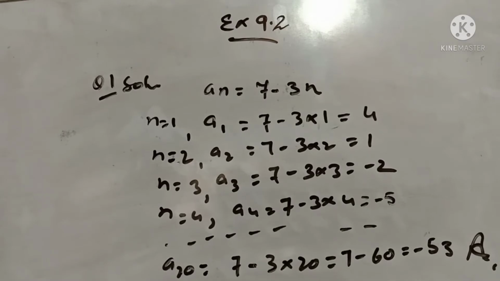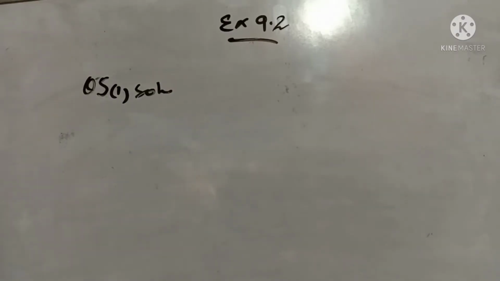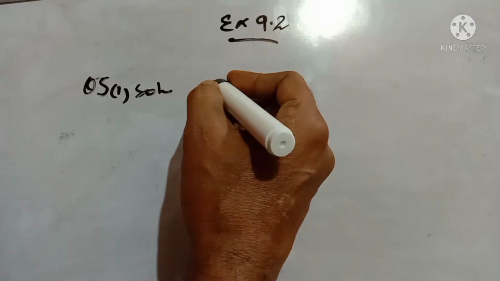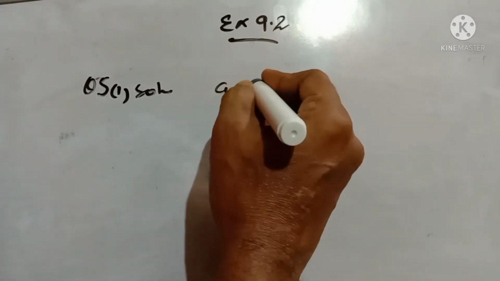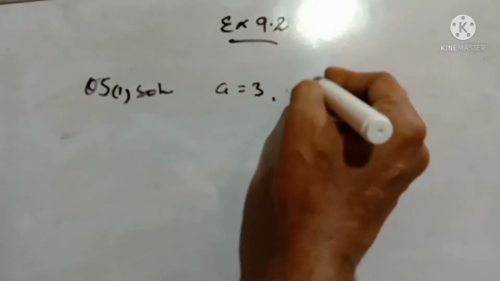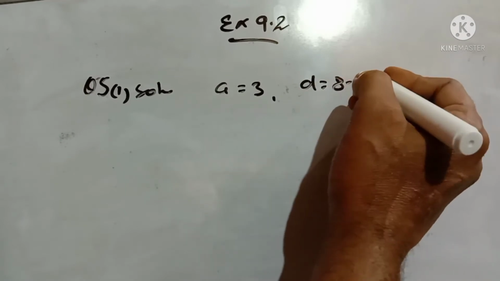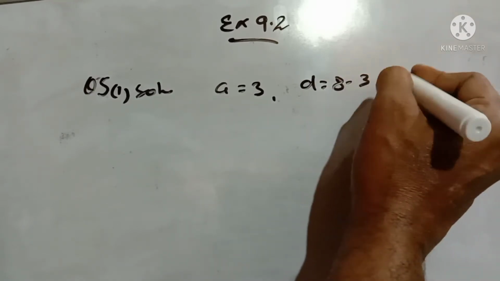Write down please. Question 5, first. It is given 3, 8, 13, 18, and so on; which term of the AP is 78? Here it is given A equals 3, D equals 8 minus 3, that is 5.